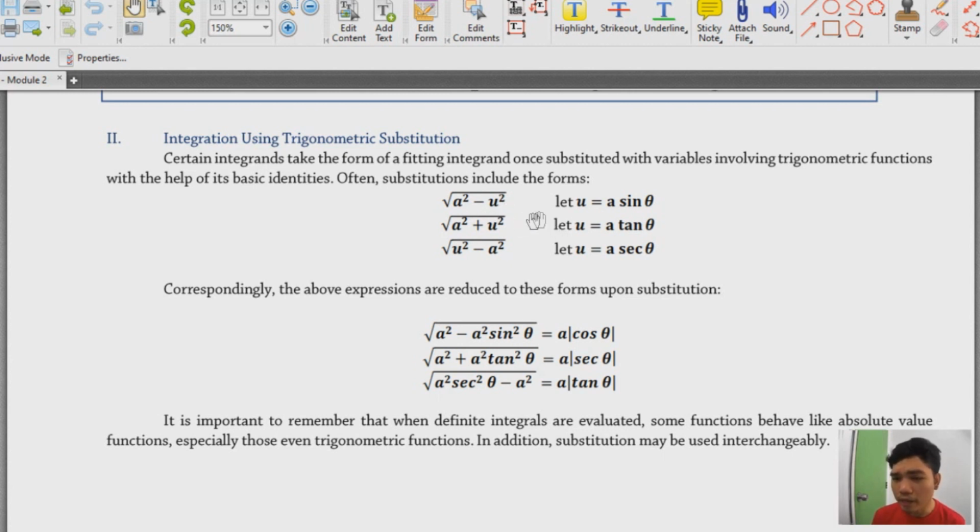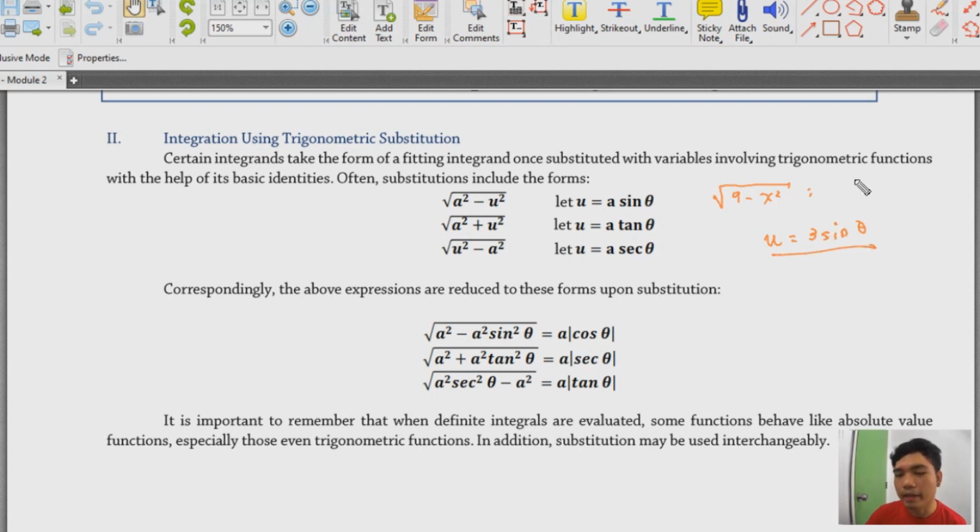So what you do is you let u, whatever the variable is here, say x. So let x be equal to, and then a would be the square root of the constant. For example, let's say the square root of 9 minus x squared. So your u would be 3 sine theta.